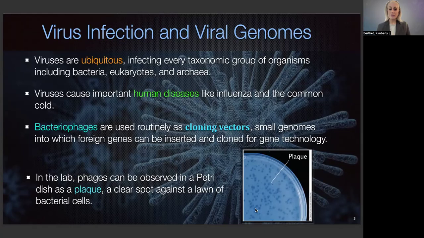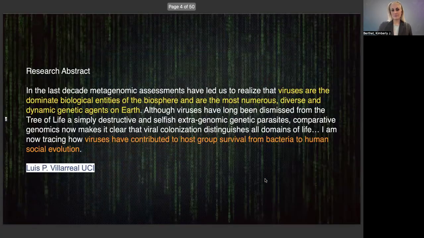We can enumerate viruses based off of what we call a plaque assay. So every hole in the plate that we see here represents one virus that landed on the plate and broke into that cell and then surrounding cells, creating that clearing. Similar to the way that we enumerate bacteria based off of colony production.